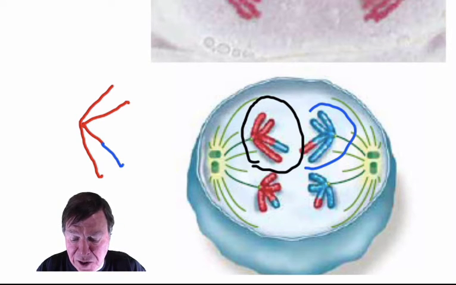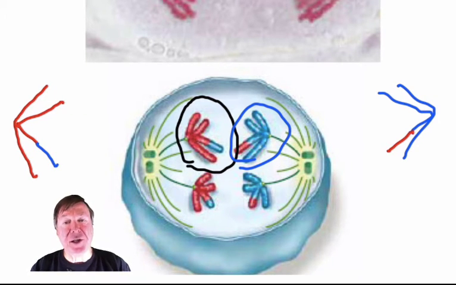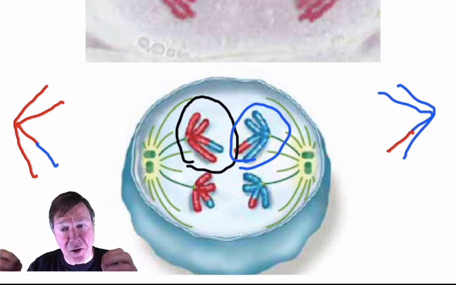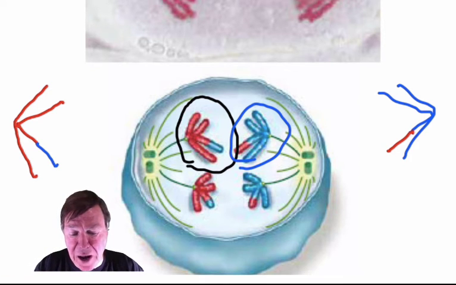Corresponding over on this side, there is a blue leg and a blue with a partial red leg, where you can see where part of that DNA has crossed over. You've gotten some of the DNA from mom, some of the DNA from dad.